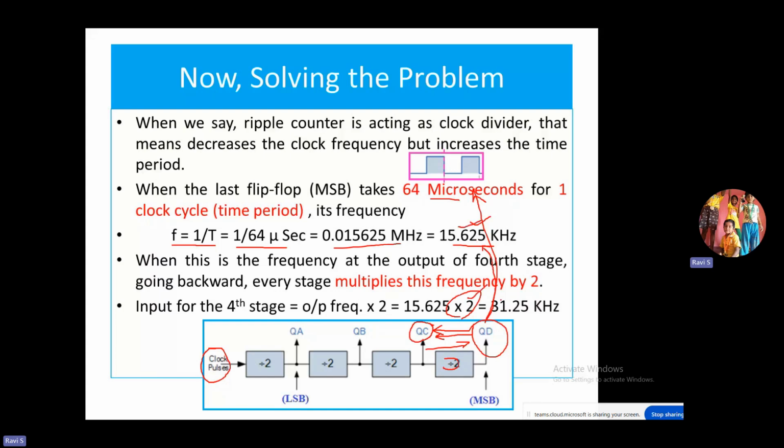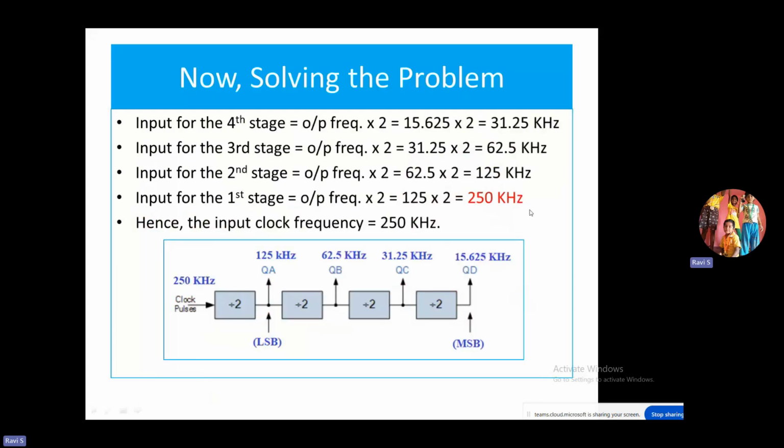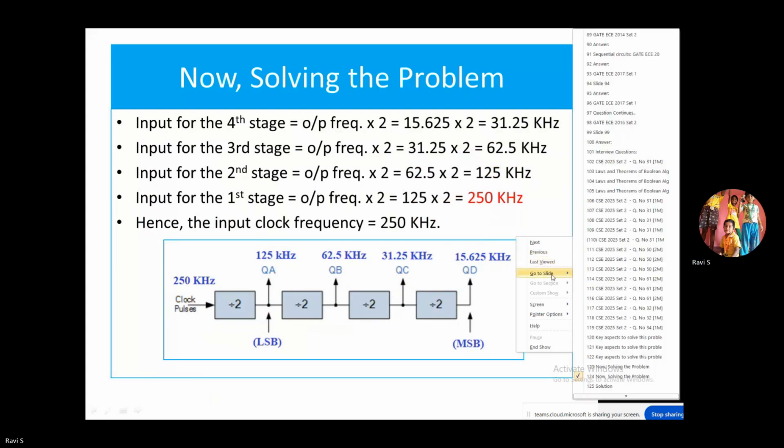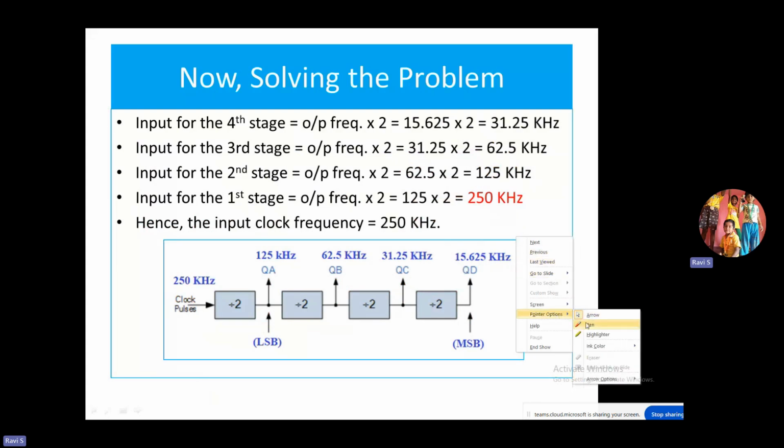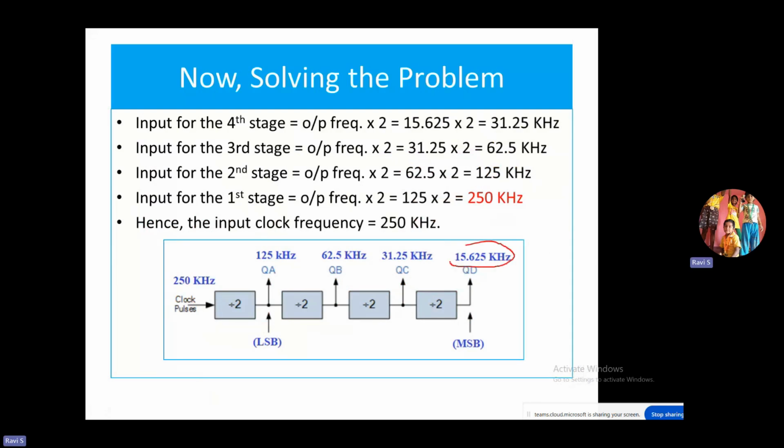I multiply by 2, it becomes 31.25 kilohertz, the frequency of the signal I measure at this stage. Applying the same concept, if you can see in the diagram, the last stage has a signal waveform of 15.625 kilohertz, and the previous stage multiplies the frequency.